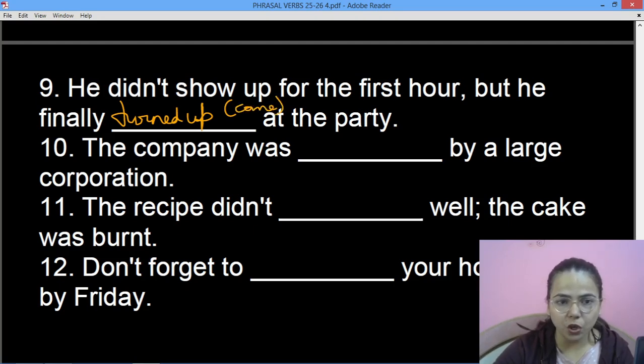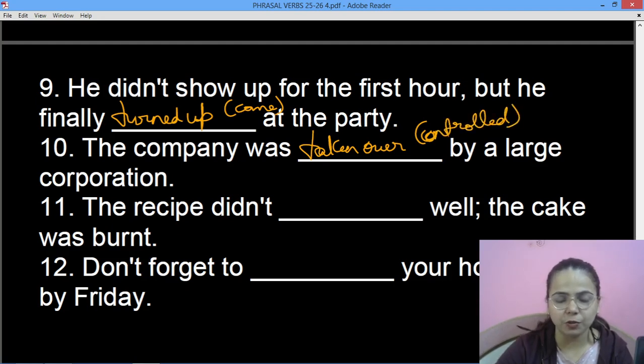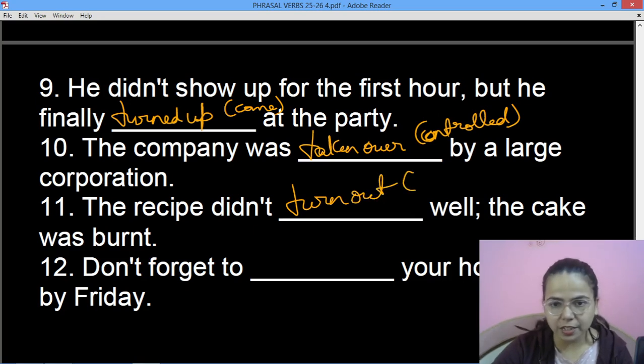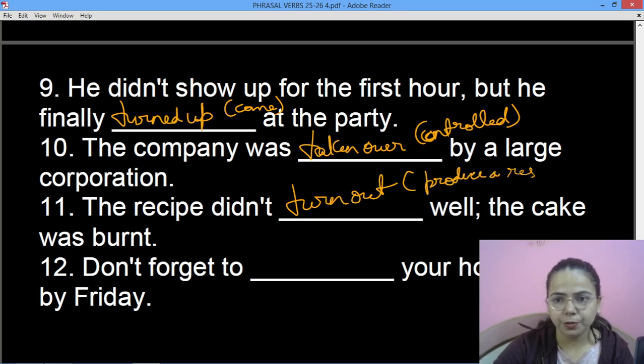The company was taken, tenth one. The company was taken over by a larger corporation, मतलब कि कंट्रोल करना, किसी चीज़ को टेक ओवर कर देना ना. ये तो आप लोग ने ये वाला वर्ड बहुत आसानी से सुना होगा. The recipe didn't turn out well, मीन्स कोई चीज़ प्रोड्यूस अ रिजल्ट. एंड लास्ट इज टर्न इन.